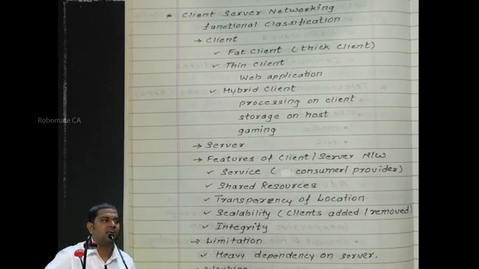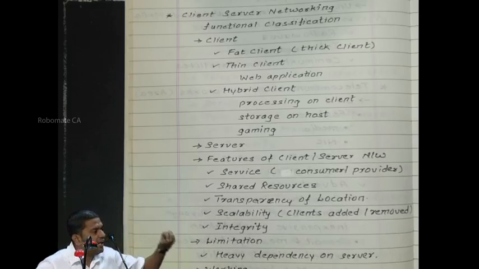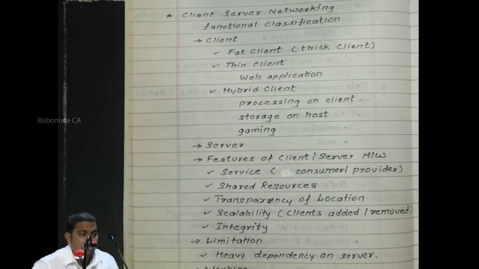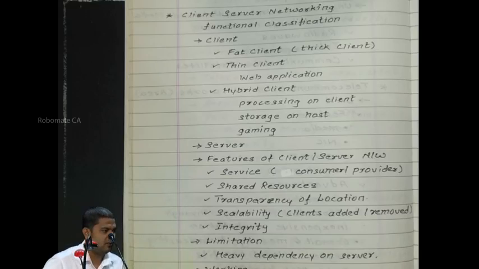Many a times the server is entrusting the client with data processing. Server is so busy that it is allowing the node to do the processing. So many a times this node will be doing the bulk of the processing, and server will be just storing the data, or it will be just serving the request. You want any file? I will give it, no problem. But processing I won't do.